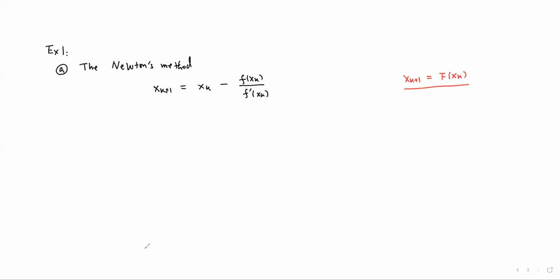That is a functional iteration with capital F. What is capital F? Capital F is this.